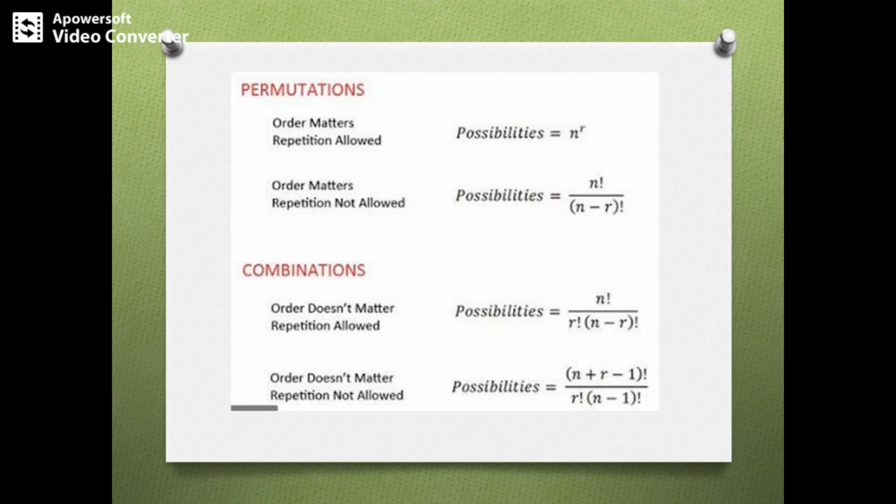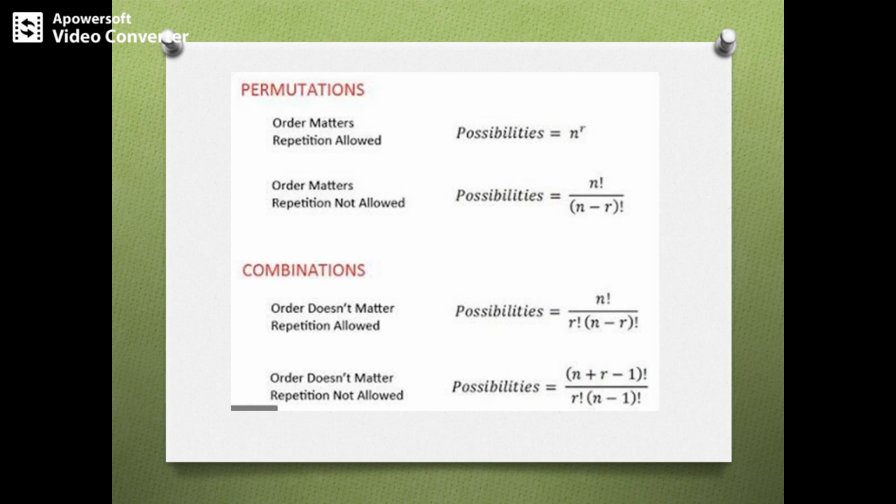Next, coming to combinations. In combinations, the order doesn't matter. Again we have two variations: one where repetition is not allowed, the other where repetition is allowed. If repetition is not allowed, the number of possibilities is nCr, which is n factorial by r factorial into (n minus r) factorial.